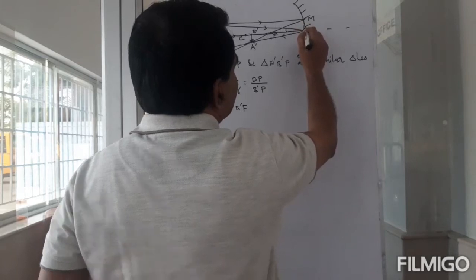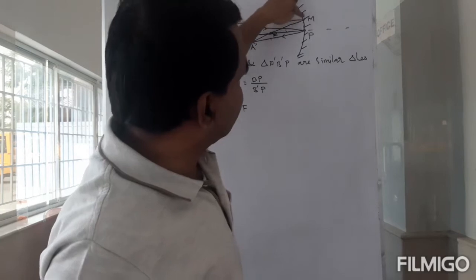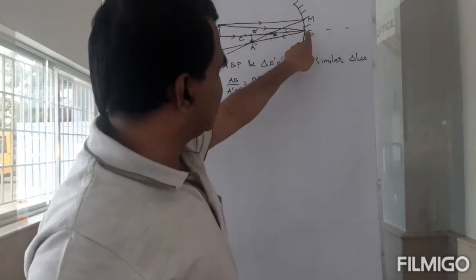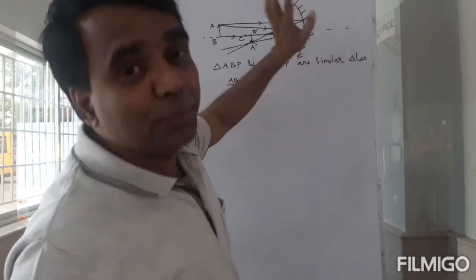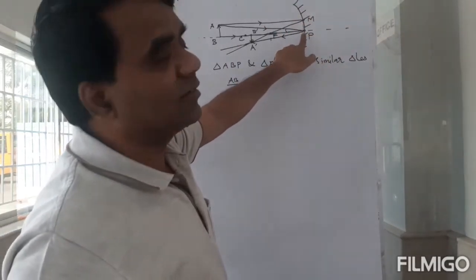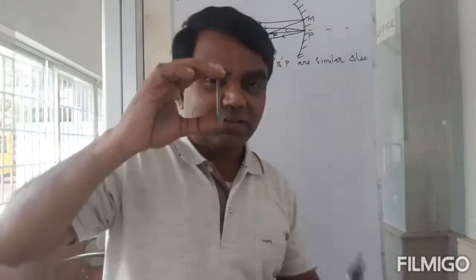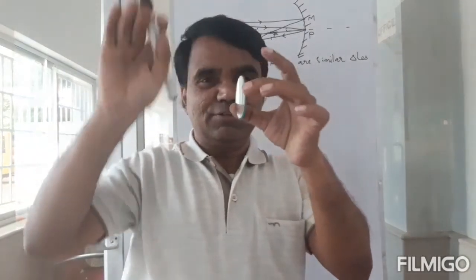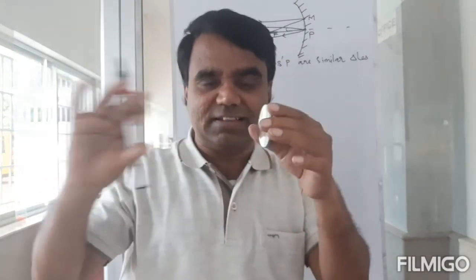If I drop this, if we make it a right angle triangle, then this will be slightly before P. But you see, a mirror like this, how different is it? That's the whole point of paraxial lines, right?